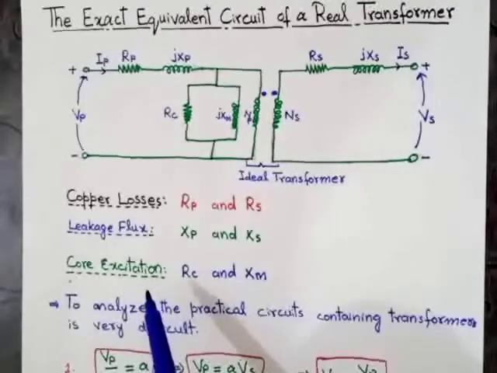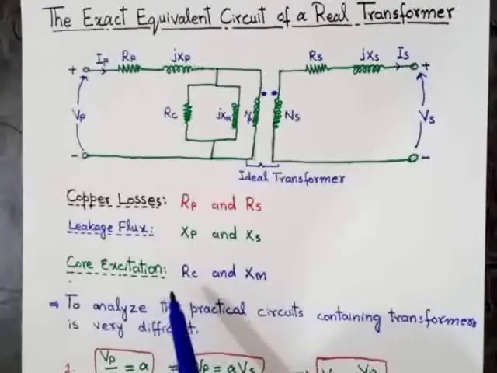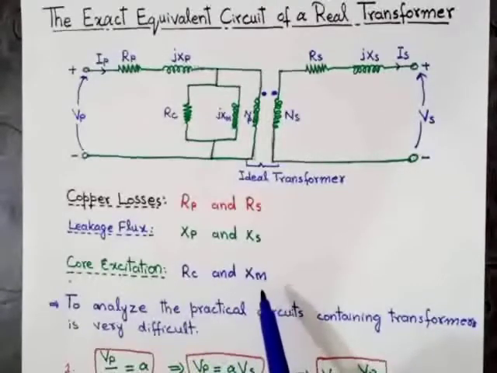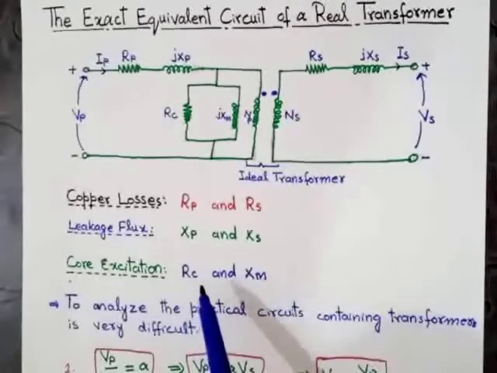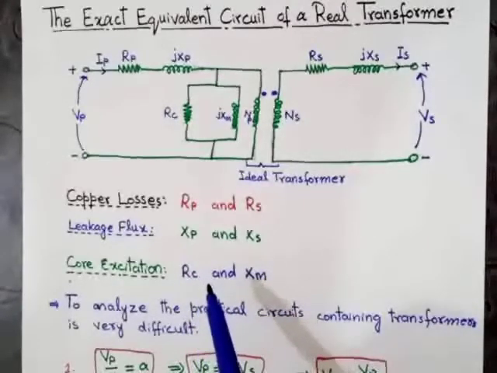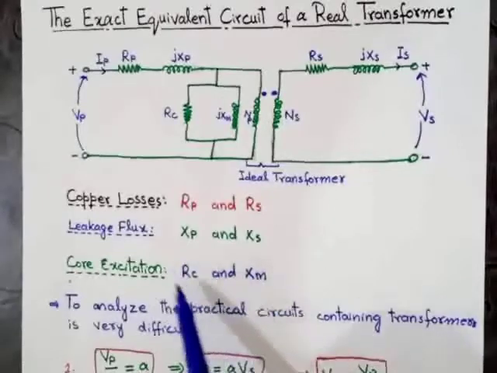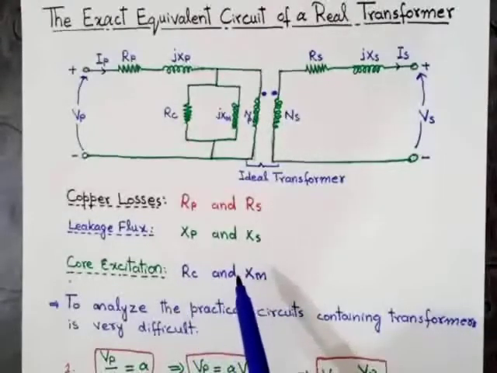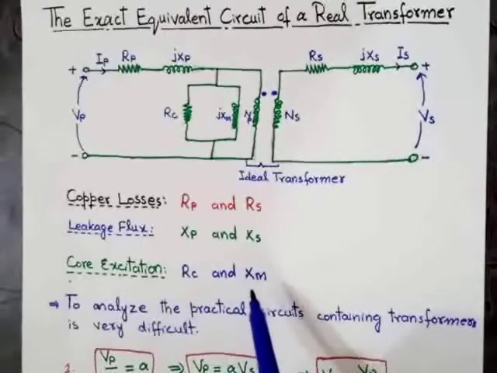So the third parameter is core excitation. As we have already discussed, for core excitation there are two parameters, that is RC and XM. XM means magnetization reactance, RC means core resistance. So these are the core parameters. We will show the core parameters on the primary side, because in the core the flux is produced due to the primary winding.